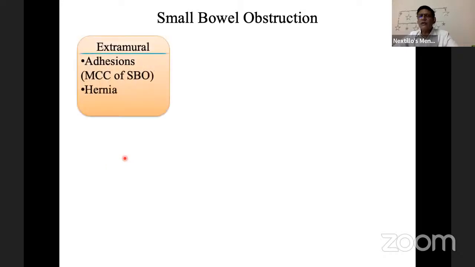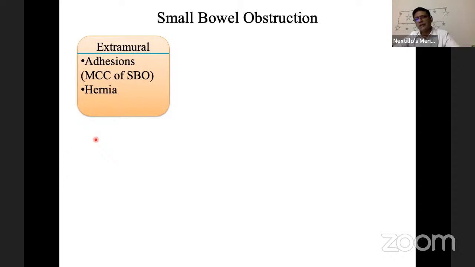The extramural causes of the small bowel obstruction commonly include adhesions, hernias. Adhesions, as we already know, are the most common cause of the small bowel obstruction.